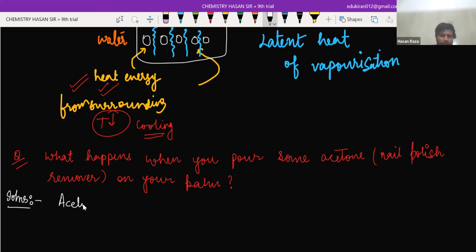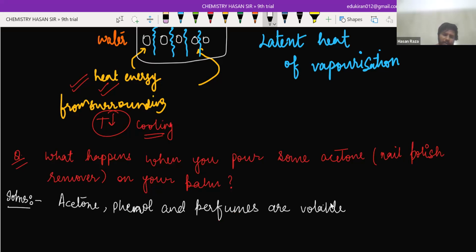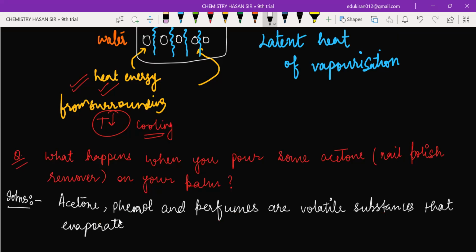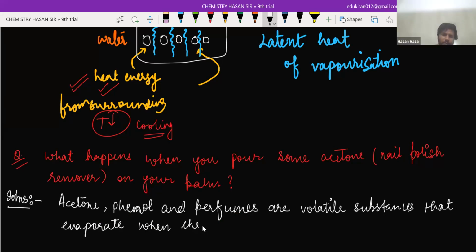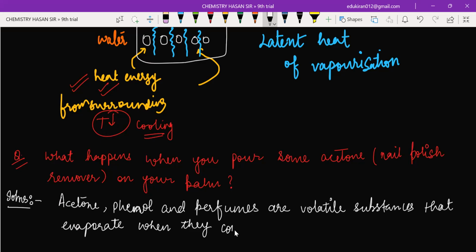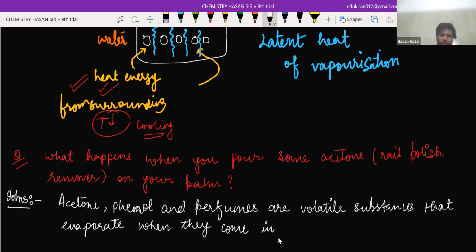So see, I'm going to write either acetone, either phenol, and perfumes are volatile substances. Do you know what volatile means? What is a volatile substance? Easily converted to vapor.